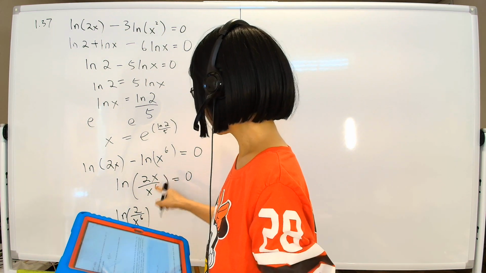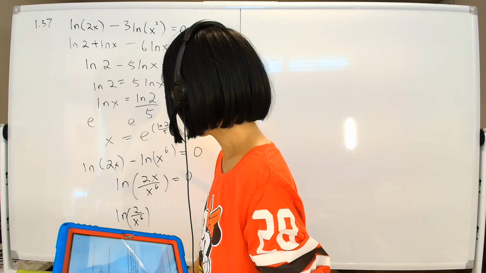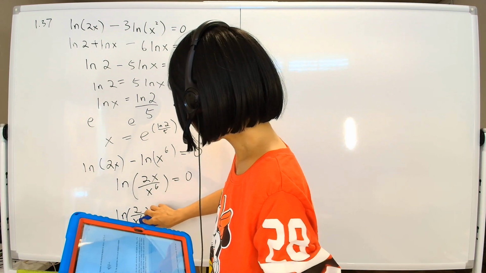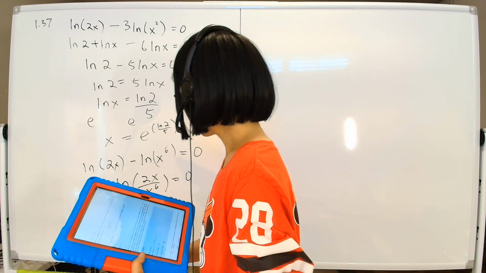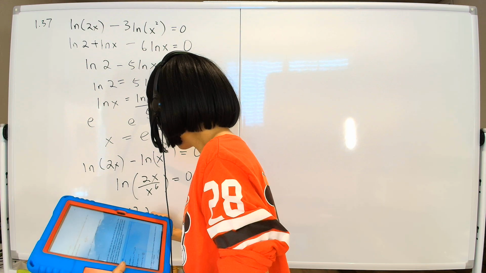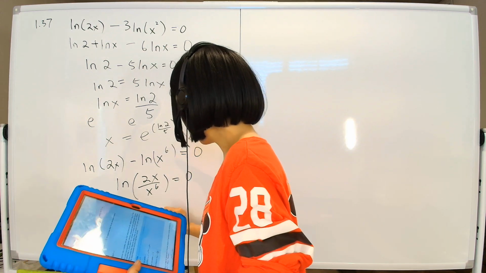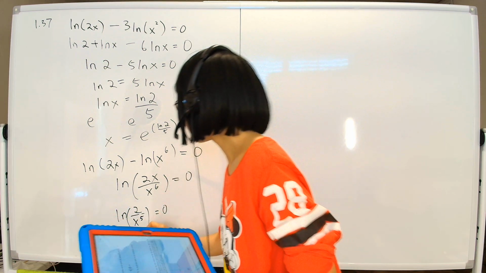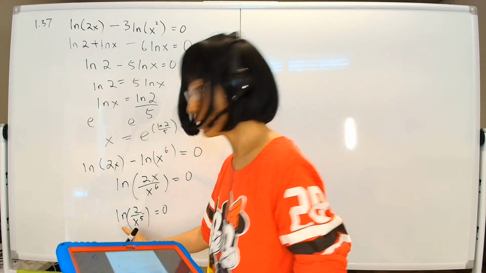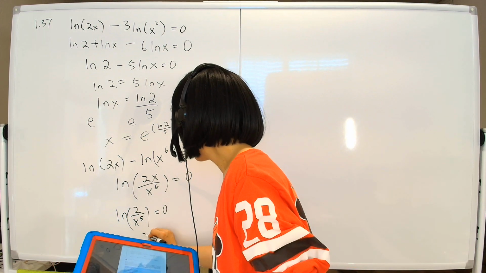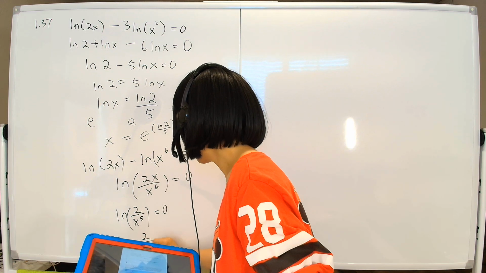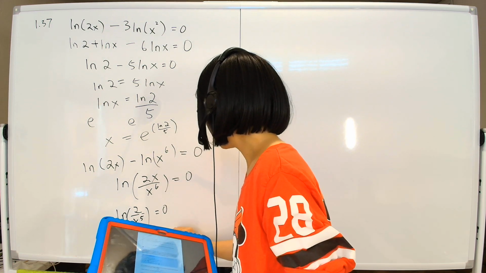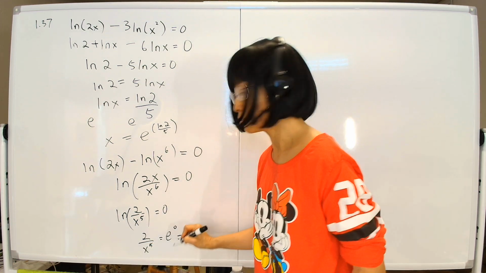Sorry, the x knocks 1 out, it's not 6, it's 5. One x gets canceled out, so you actually get 5. Now once you have 5, you apply the e on both sides to cancel out the natural log. Then 2 over x to the 5 equals e to the power 0, and everything to the power 0 is 1.